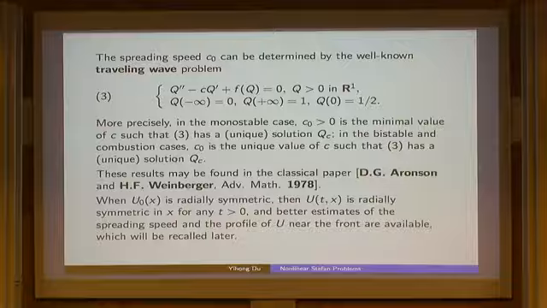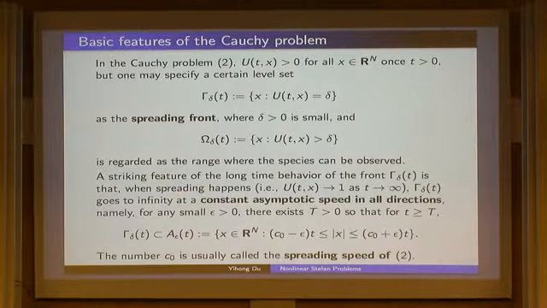So for any c greater than or equal to c0, if f is monostable, you have a solution. But for the bistable and combustion cases, c0 is the unique value for this problem to have a solution. In any case, c0 is uniquely determined. And if your initial function for this Cauchy problem is radially symmetric, then you can get a much better result than this rough description for the spreading.